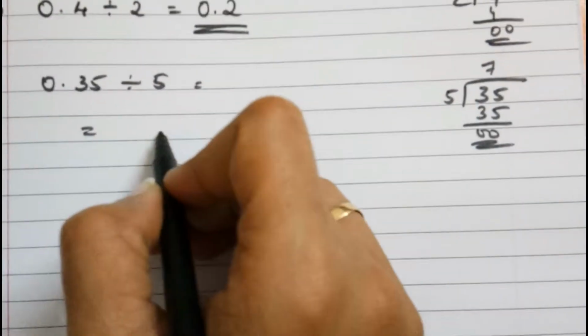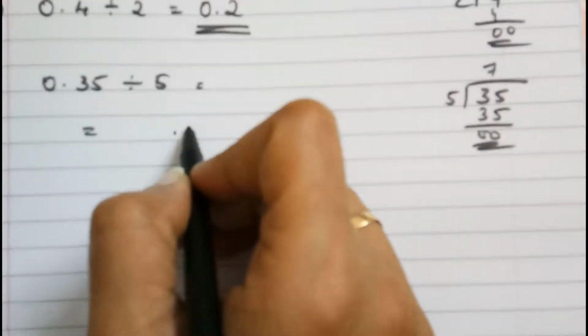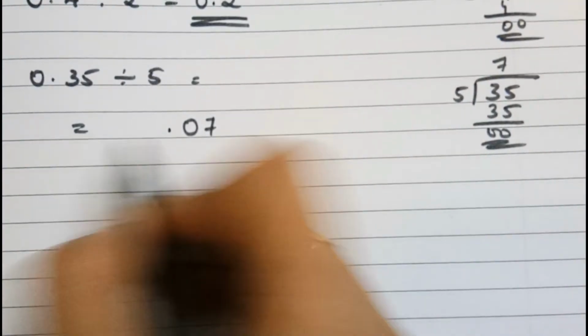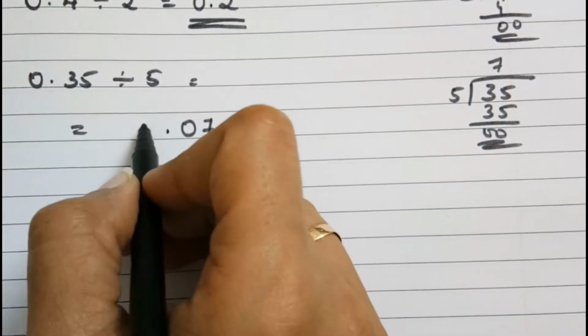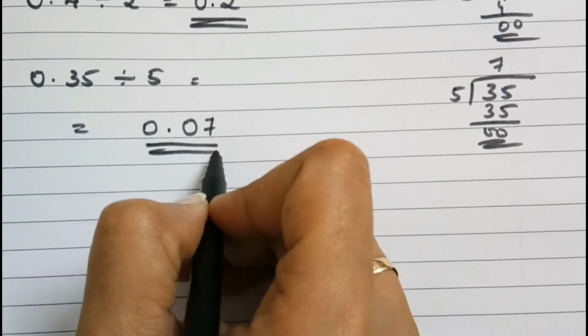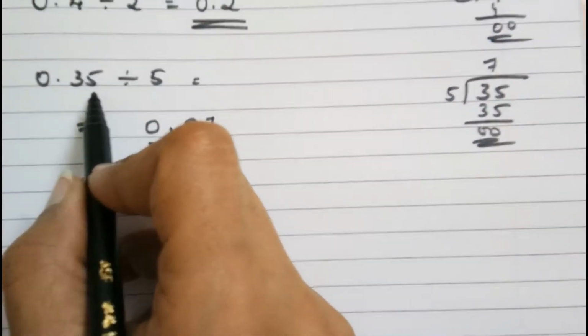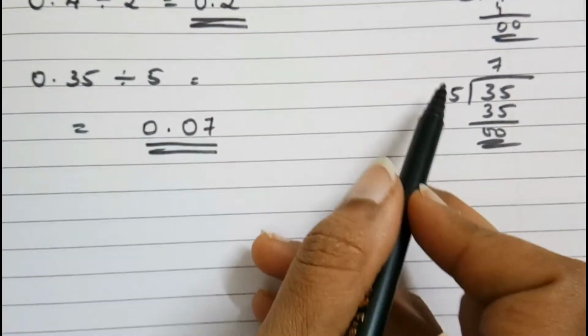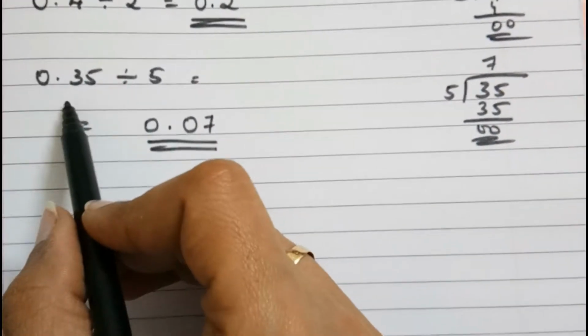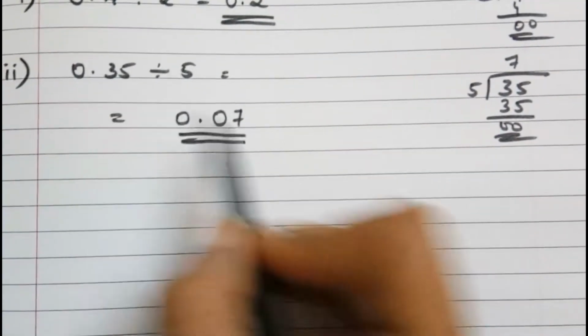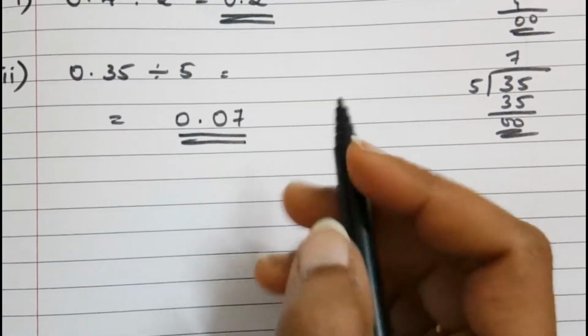So how do we put it here? 0.07. Since there is no number before the point, we put it as 0. Clear? You understood why we took 0.07? Because there are two numbers after the decimal point. So after calculating the answer, we need to count the numbers after the decimal point, which are 2. So here we put 0.07.